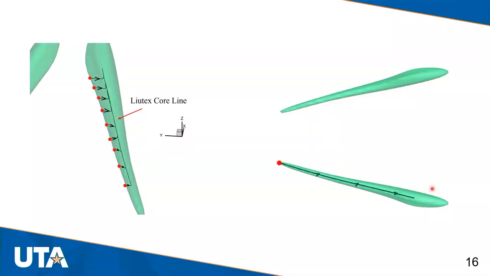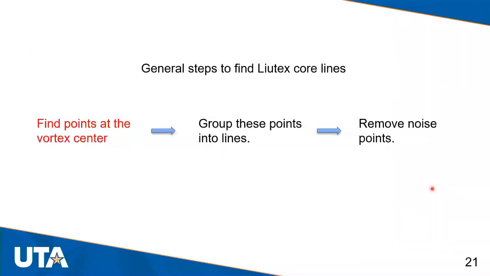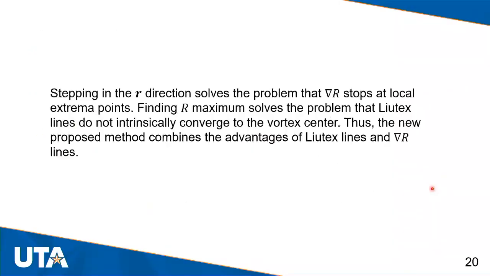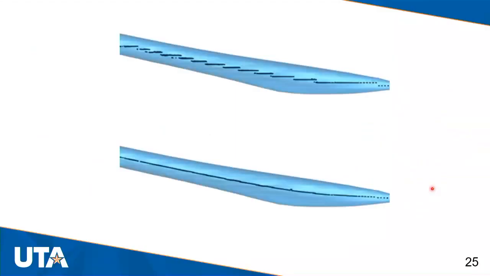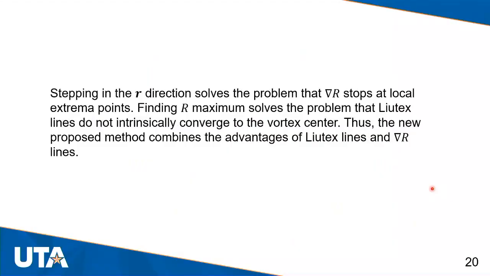Then we can easily get long, continuous, good Liutex core lines. That's what we do to use both advantages of these two types of lines.